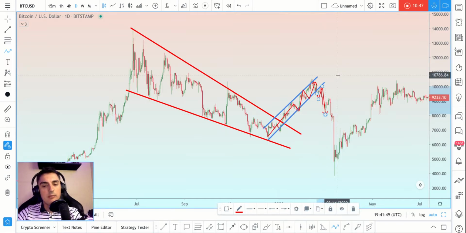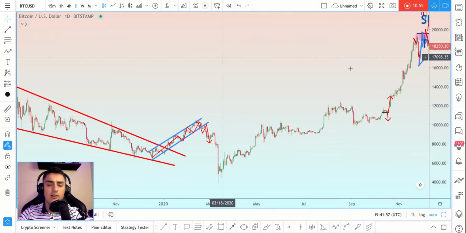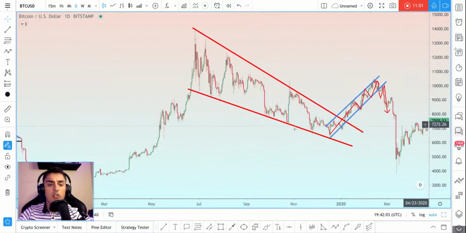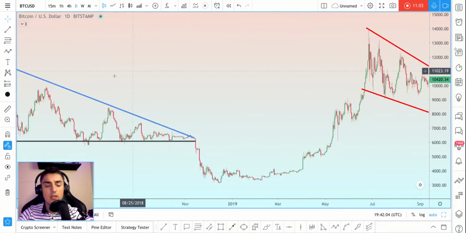Okay, so sometimes you can spot this, sometimes you can't, but it is a matter of practice, and you have to practice it very well. Try to see all the kinds of shapes going on in the price.